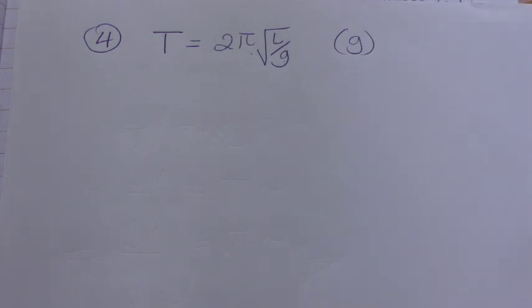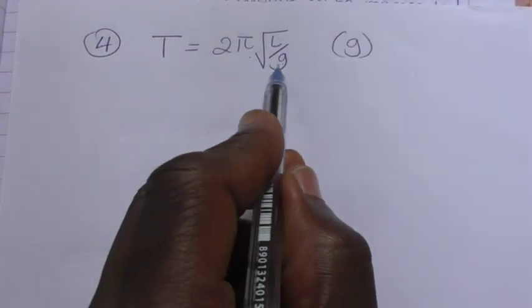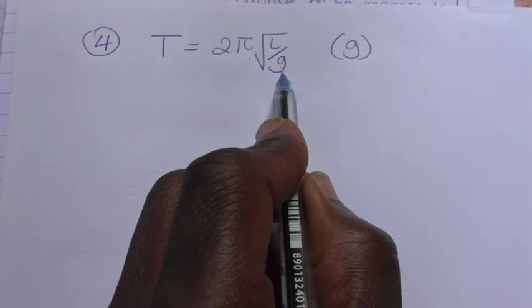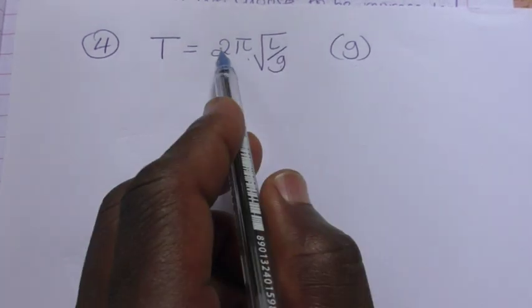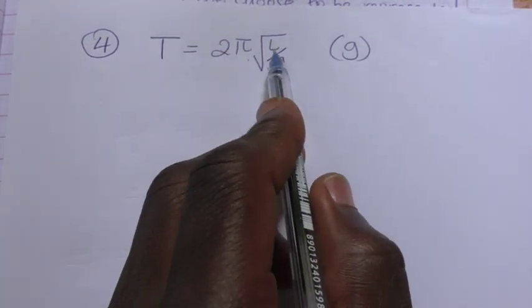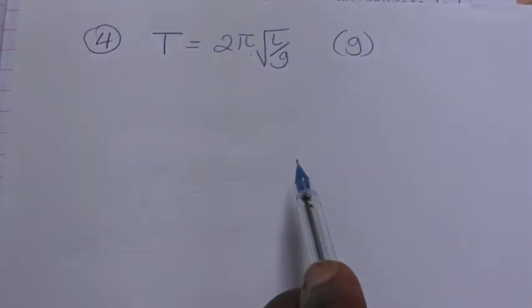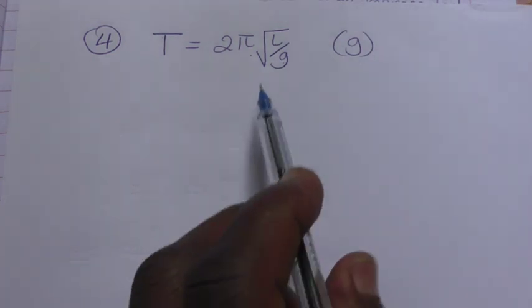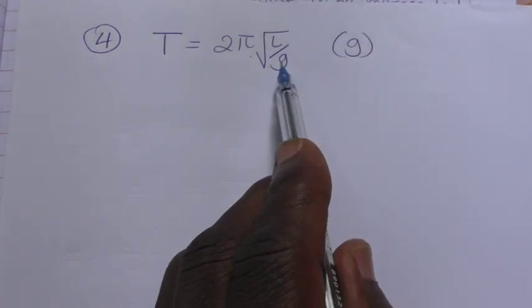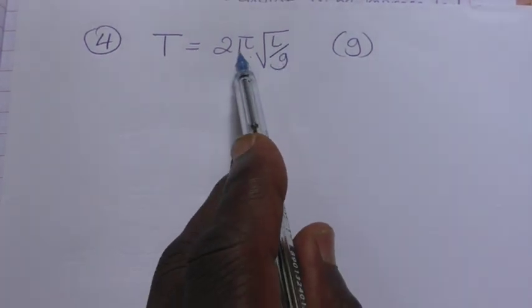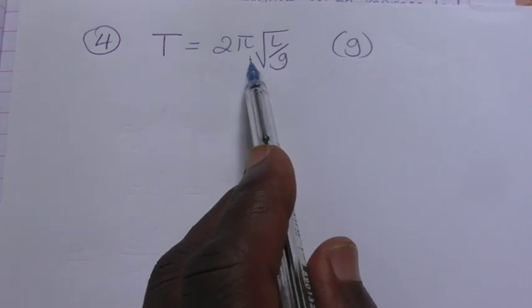In this particular one, it is a square root. So since we want to make G the subject, that means that we must take 2 pi and L to the other side. But the root is acting as a fence to these two, and therefore let us first take what is outside, that is not protected.